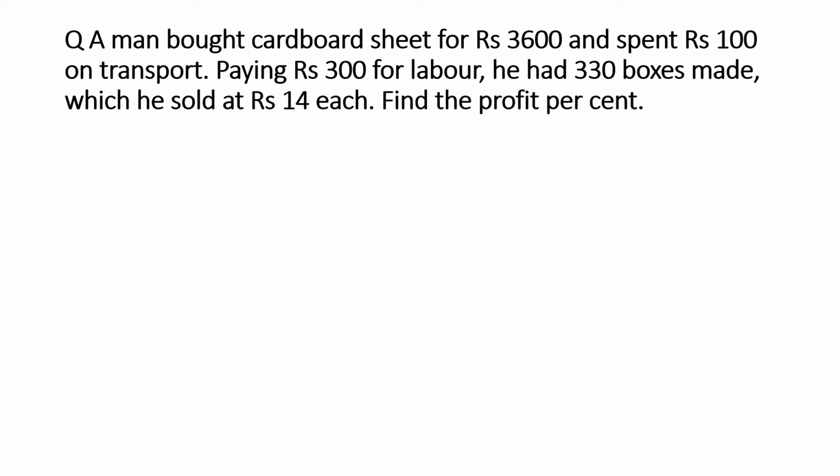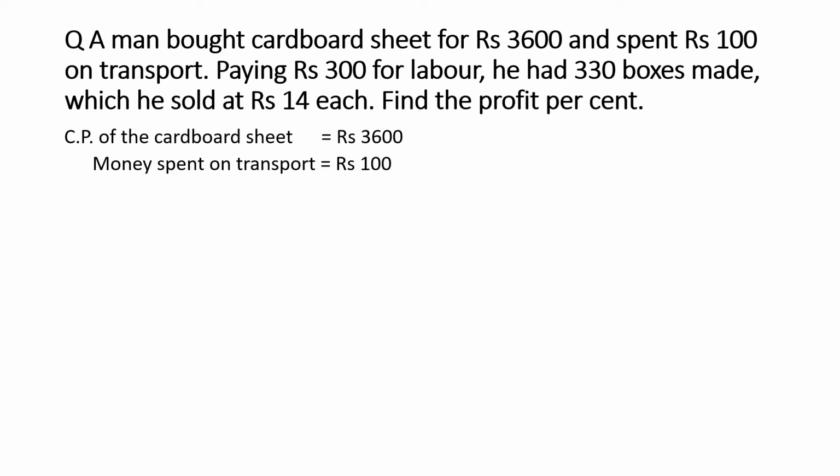So in this question, the cost price for the sheet, that is rupees 3600, spent on transport 100, spent on labor 300, all will add up to the actual cost price for that man. So actual cost price will be 3600 plus 100 plus 300, that is rupees 4000.